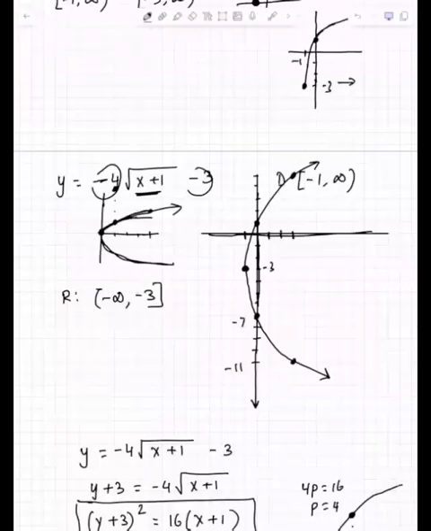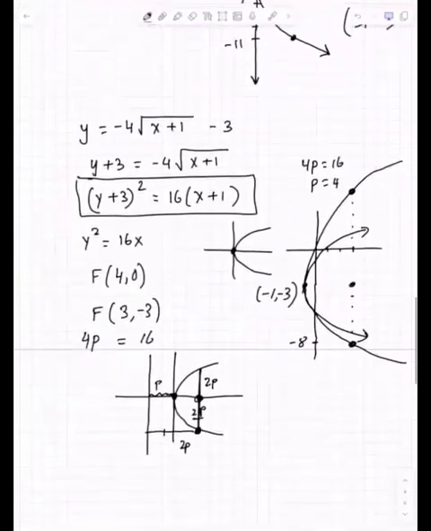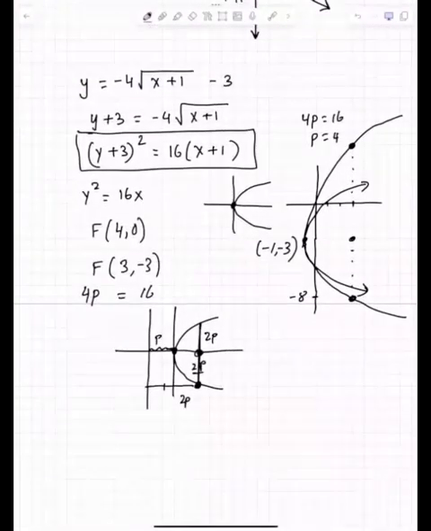Why did I have here negative 3, 11? Sorry, 3 comma negative 11. Let's make sure this is correct. So our focus is at, the original focus is at 4, 0. Oh, we shifted to the left by 1.